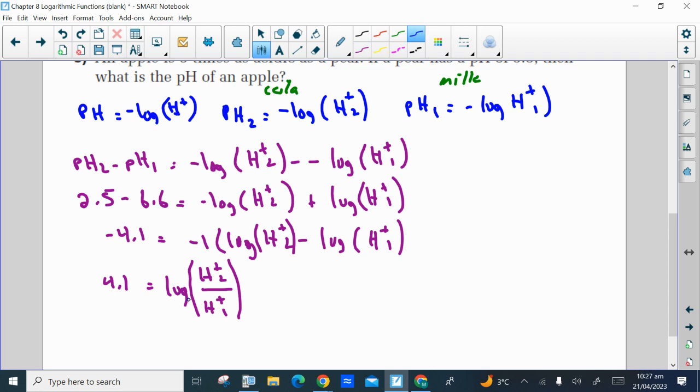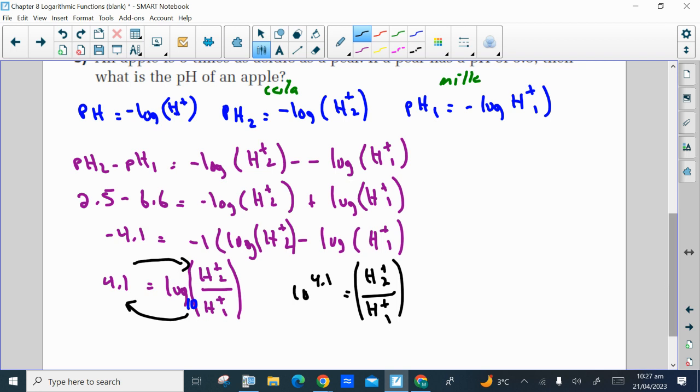And we can do that by, again, remembering that's a common log, base 10. We can start with the base and cycle through. You'll get 10 to the power 4.1 equals H positive 2 over H positive 1. And so our answer will be whatever 10 to the power 4.1 gives us.